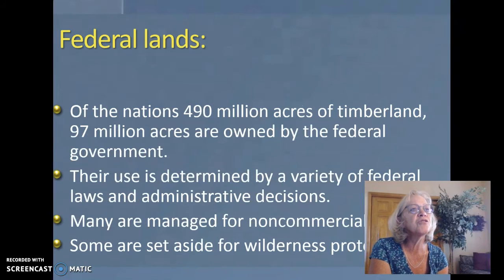Federal lands: of the nation's 490 million acres of timberland, 97 million acres are owned by the federal government. Their use is determined by laws and administrative decisions. Some is managed for non-commercial uses, and some actually is set aside for wilderness protection, so keep that in mind.